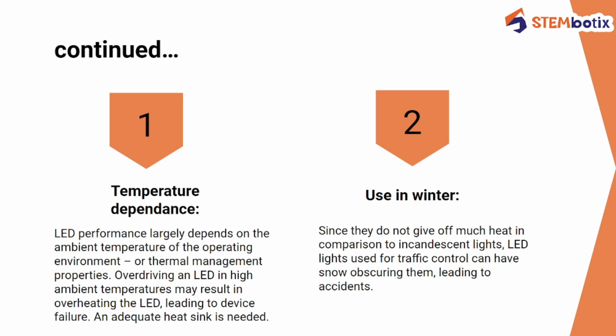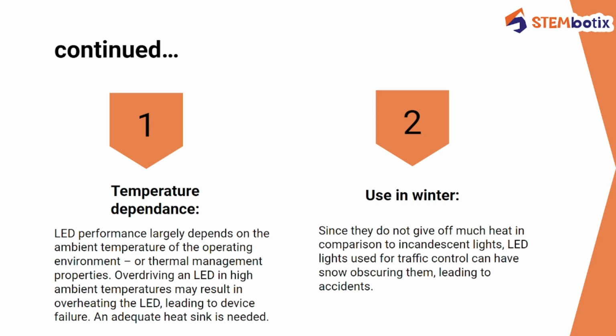So the operating environment is directly affecting the LED's performance. Overdriving an LED in high ambient temperatures may result in overheating the LED, leading to device failure. Meaning if we are using the LEDs in high ambient temperatures for many hours, it can result in device failure.